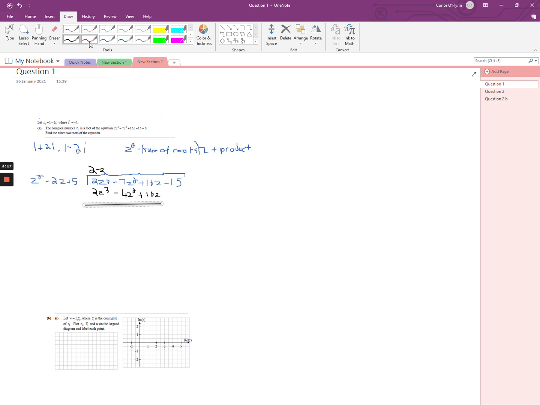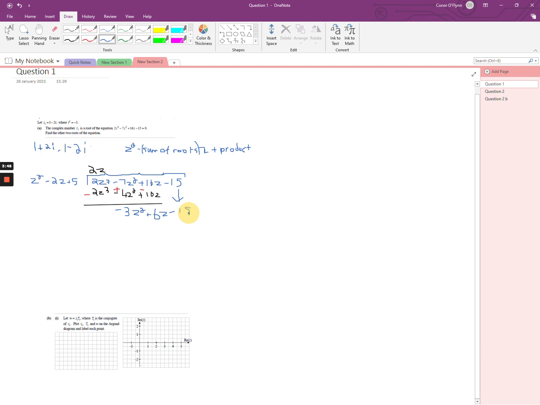We change our signs, so that becomes minus, a plus, and a minus. So it'll be minus 3z squared, and 16 minus 10 is plus 6z. And we'll bring down the minus 15.